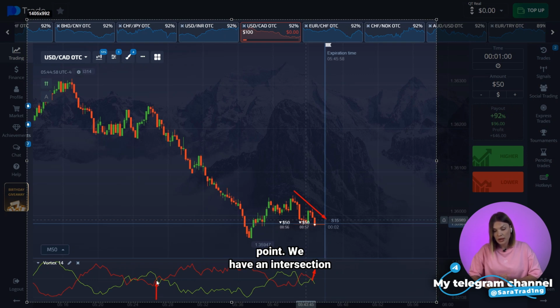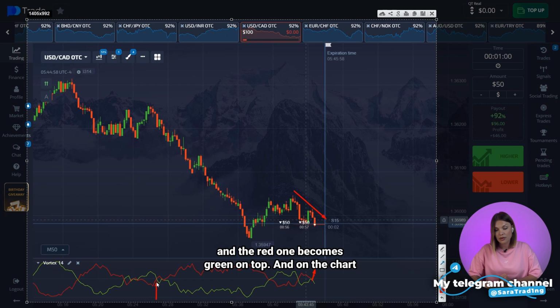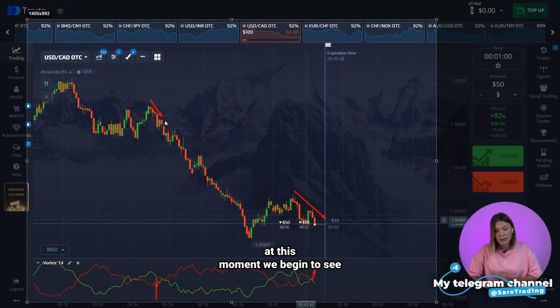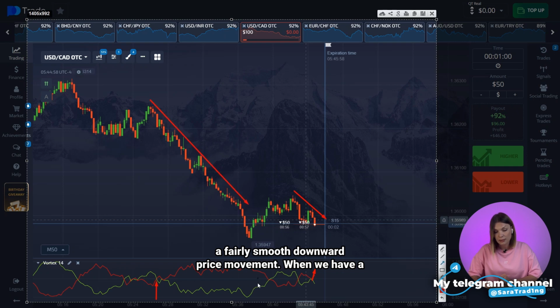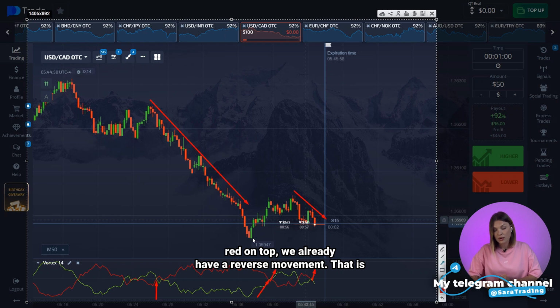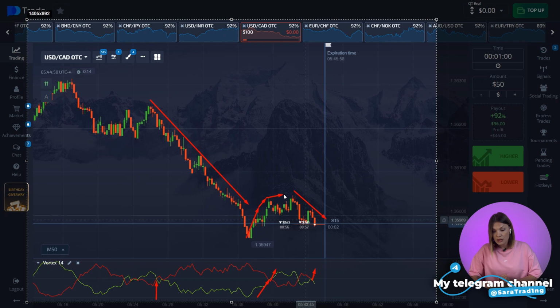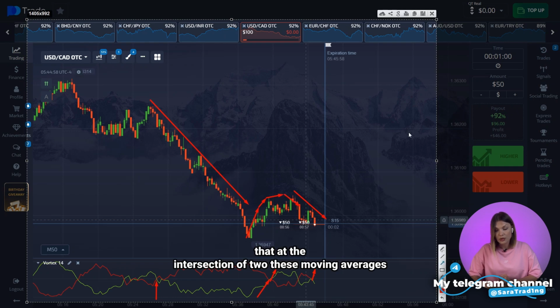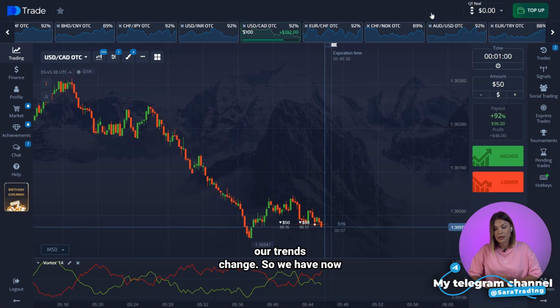Look at this point, we have an intersection and the red one becomes green on top. And on the chart at this moment we begin to see a fairly smooth downward price movement. When we have a reverse intersection and green becomes red on top, we already have a reverse movement, that is, an upward trend. Hence the conclusion that at the intersection of these moving averages our trends change.